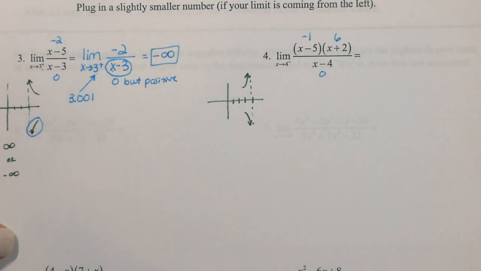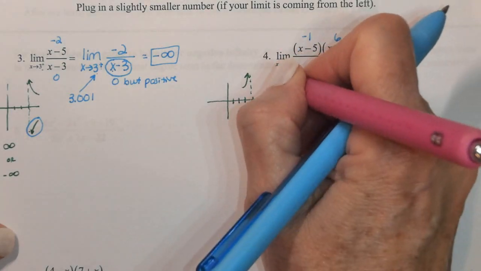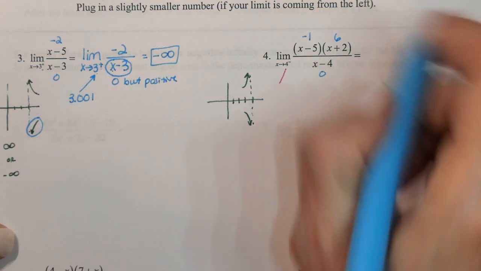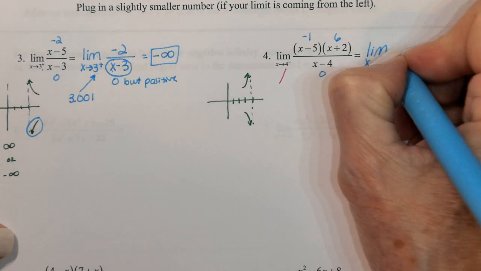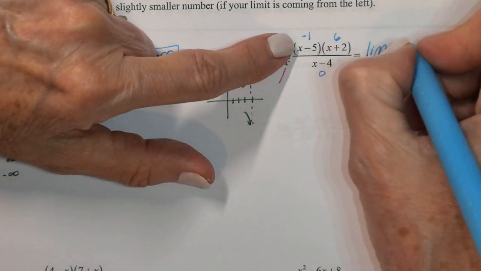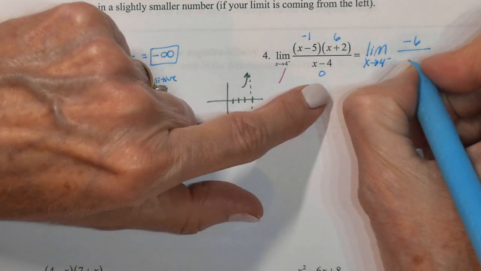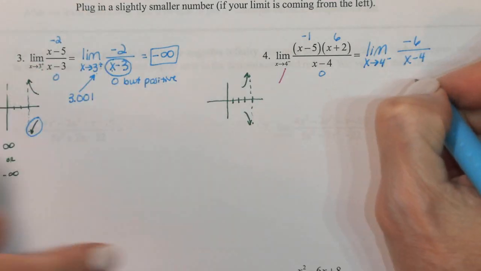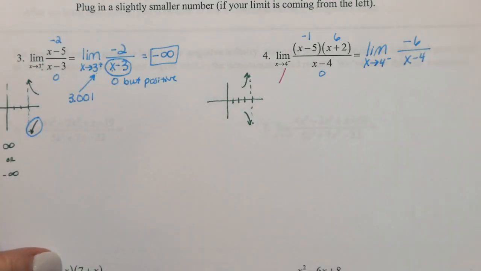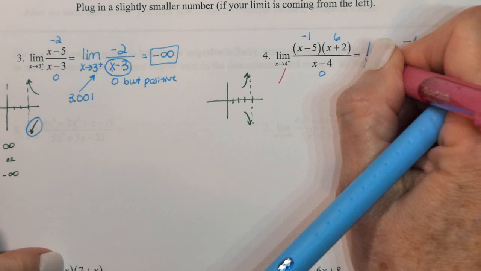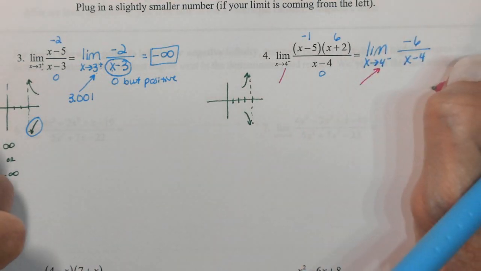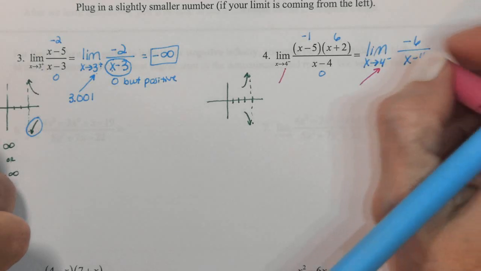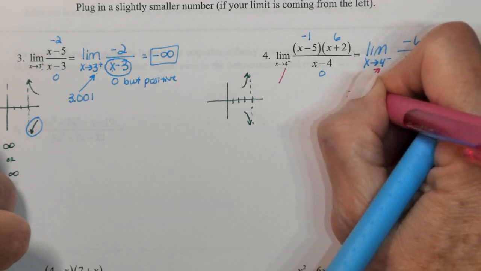Okay, so I'm going to approach 4. I'm going to rewrite this limit. On the top we have a -6. On the bottom we still have this x minus 4. And I'm going to plug in a value that's close to 4 but on the left of 4, like 3.999.